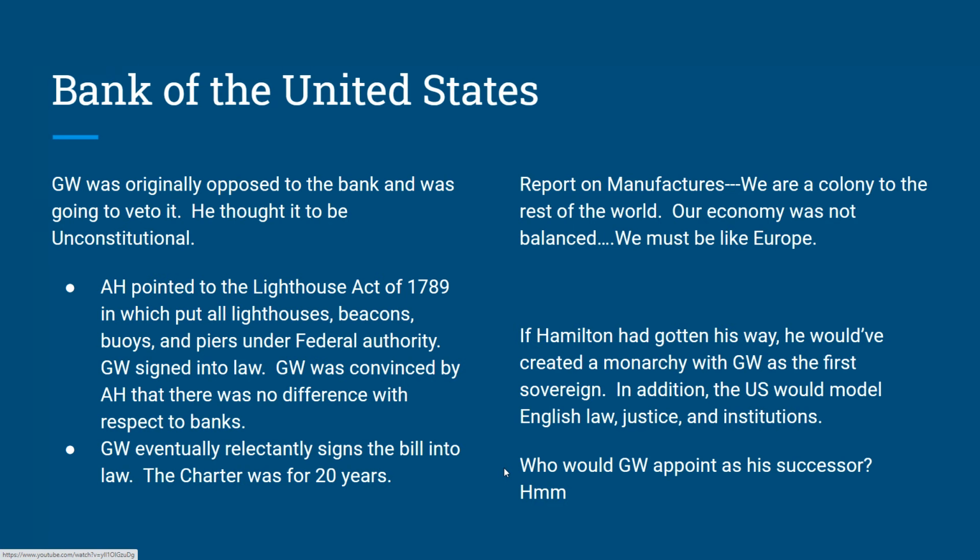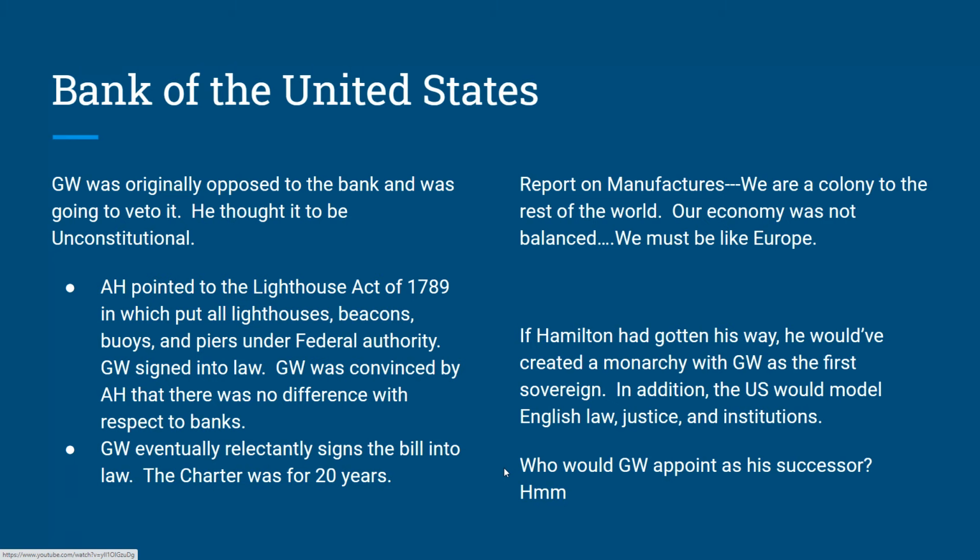Strict construction means that government can only do what the Constitution specifically lists, right? And nowhere in the Constitution does it specifically say that the government can build a bank, right? So that's Jefferson's point of view. Jefferson is what we call a strict constructionist. He believed that we can only follow the Constitution literally.